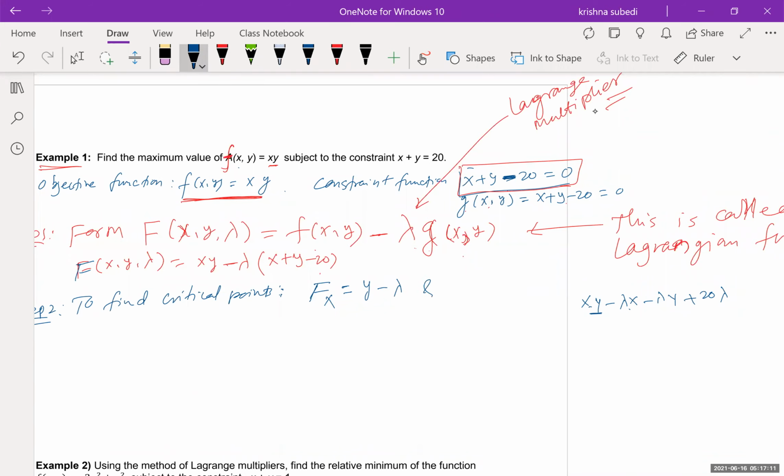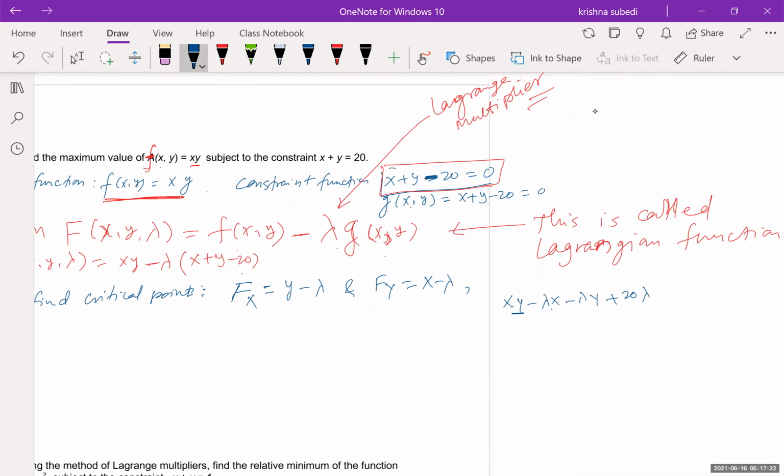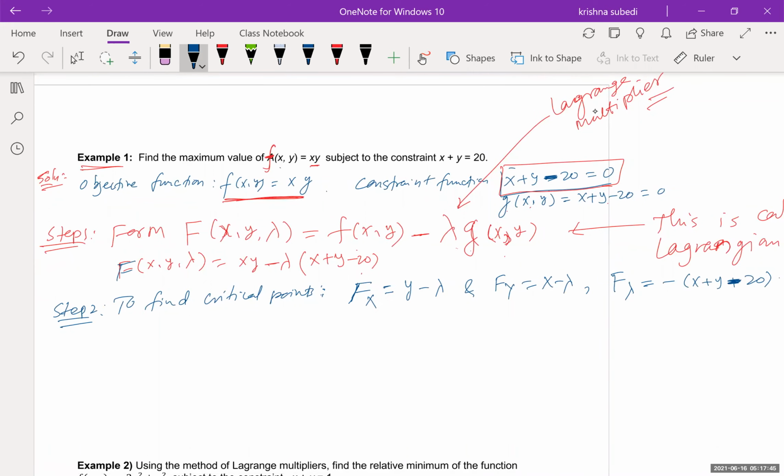And your partial with respect to y is going to be x minus lambda, and then the partial of F with respect to lambda is going to be negative x plus y minus 20. All right, so we found the first partial derivatives of the Lagrangian function: F sub x, F sub y, F sub lambda.